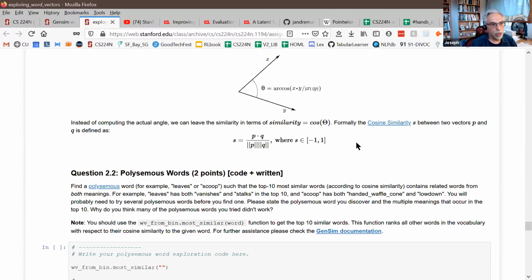But when you're talking about distances, you want the words that are closest to this word to be at very small distances from it. So instead of using the cosine theta as the distance, you use 1 minus cosine theta, and that acts more like a proper distance. The word is at a distance of 0 from itself, and all words that mean nearly the same thing are at very small distances from the word, right?